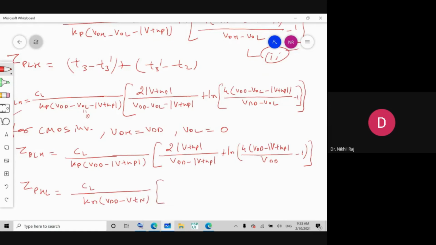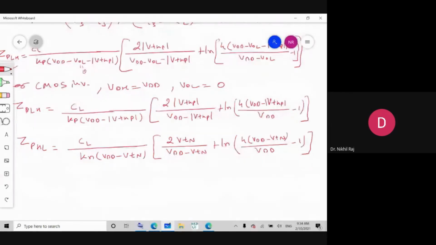In the bracket it was 2 Vt of n divided by VDD minus Vt of n plus ln 4 into VDD minus Vt of n divided by VDD minus 1. Okay. So these are the two charging and discharging equations, and now we have to analyze these two equations.